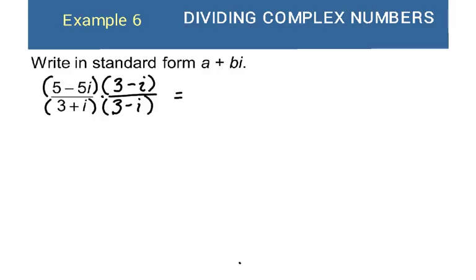Okay, so to multiply the numerators together, FOIL it. So first we get 15, outer, inner, and last.